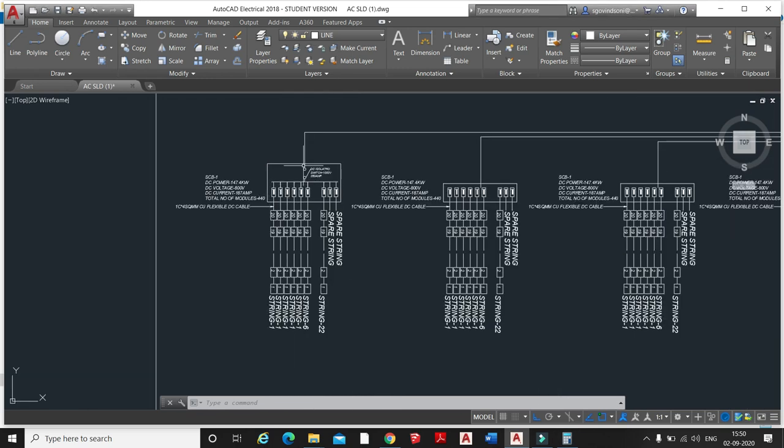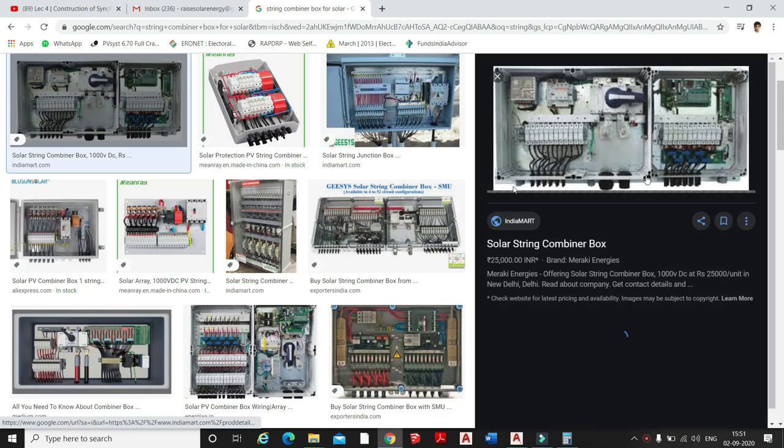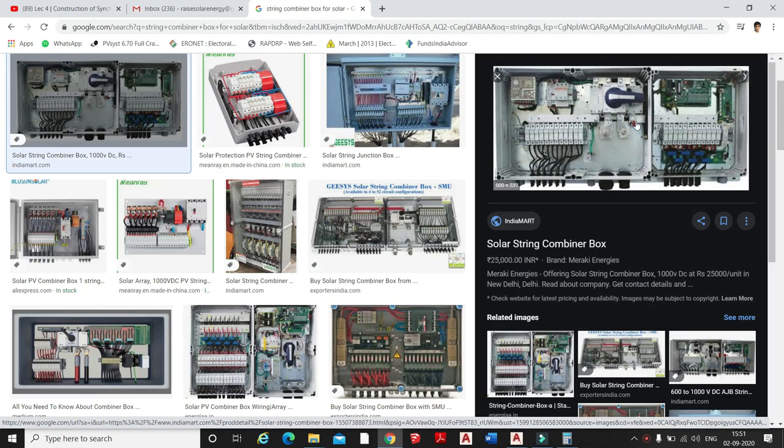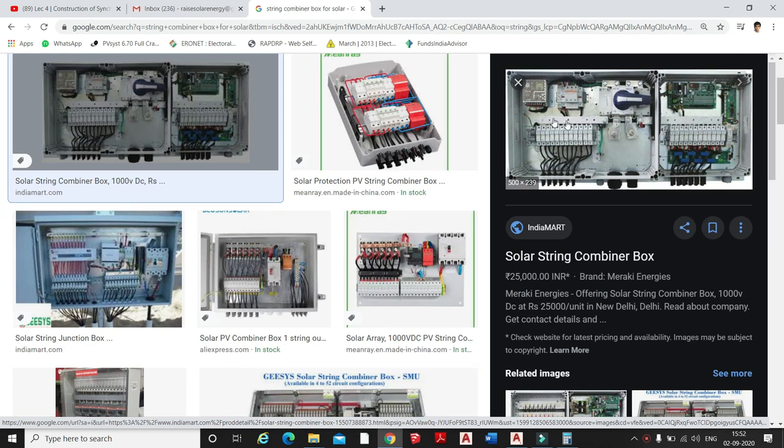Okay, so this is your combiner box. I will show you the picture of your combiner box. So this is your string combiner box. Now you can see here, this is your positive string fuses and this is your negative string fuse. And this is your positive bus bar and this is your negative bus bar.